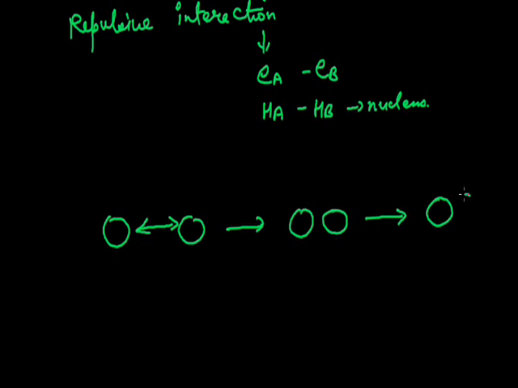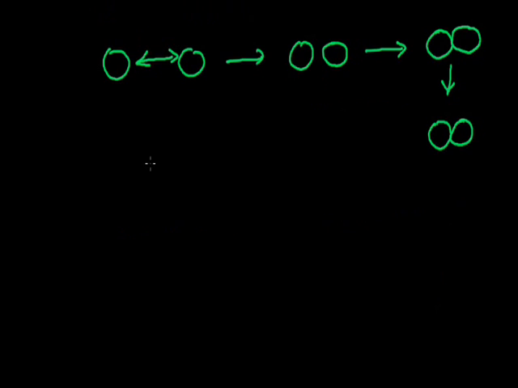And form a molecule. But there is a limit when they approach each other due to the repulsive interactions acting as well. Let us understand this thing with the help of a diagram, say.